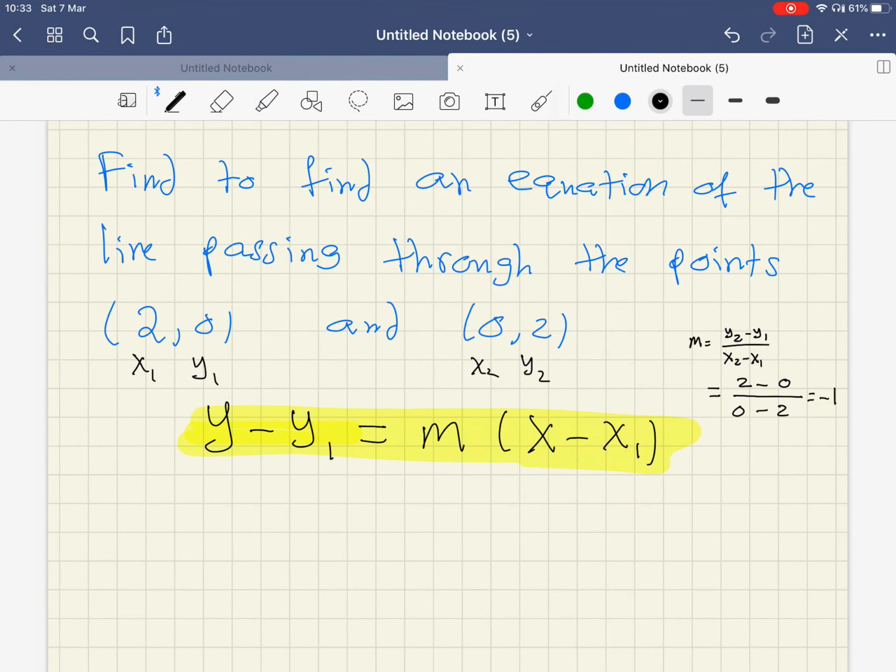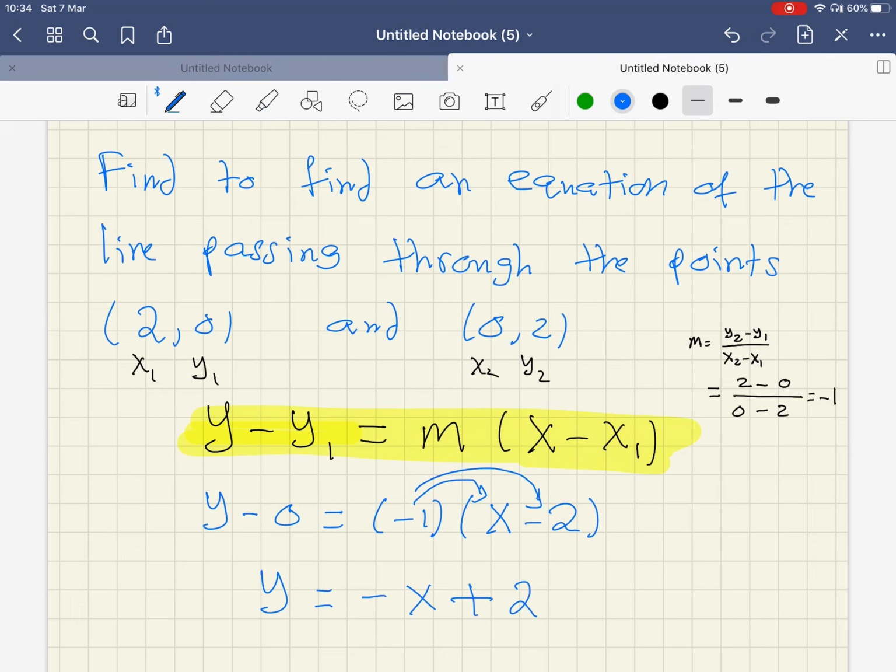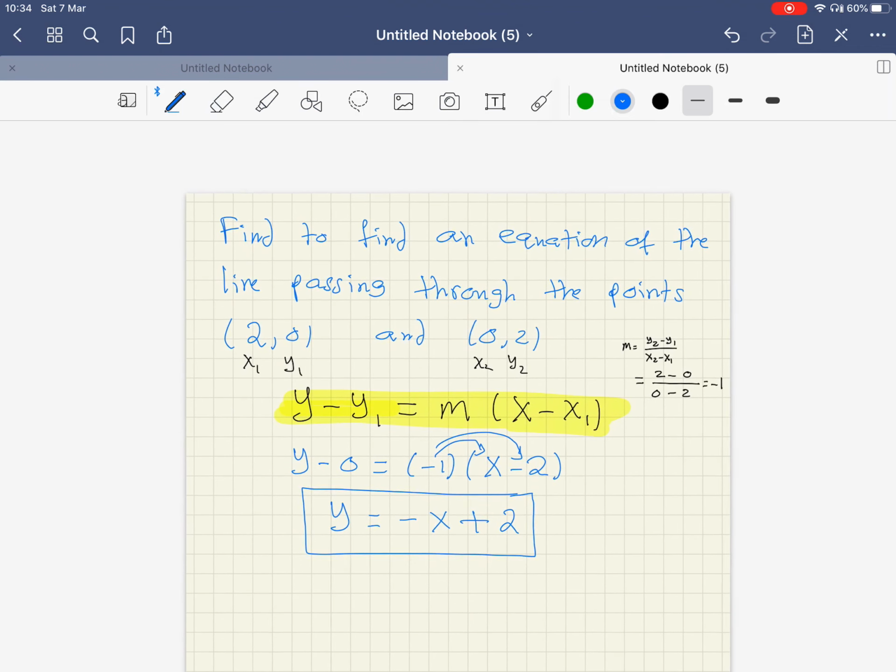So my equation of the line for the blue one will be y minus y1, which is 0, equals -1 for the slope, times x minus x1, which is just 2. If we simplify it, this is y equals -x, of course we distribute the -1 inside, plus 2. And that is the equation of the first line that we need.